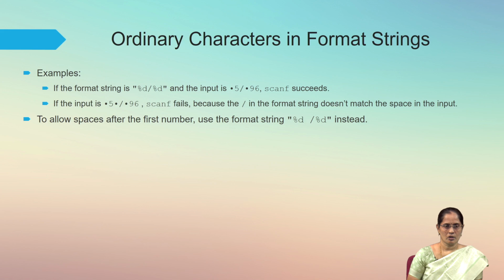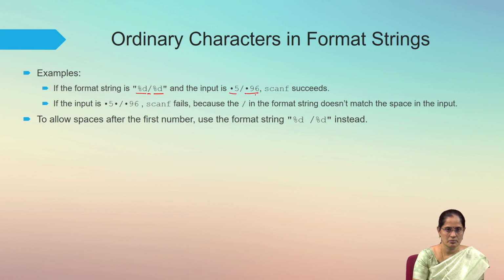Say for example, if you are using ordinary characters in the format string other than the conversion specifications, such as %d, then a slash character, then %d, and the input is 0.5 slash 0.96.